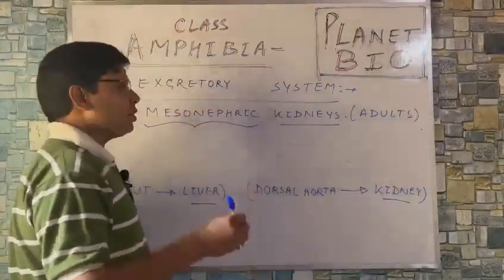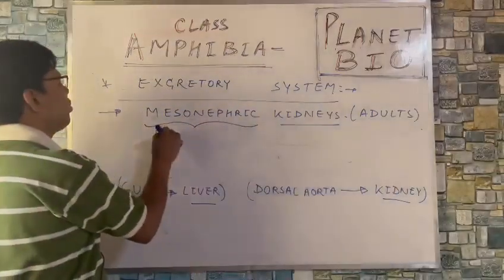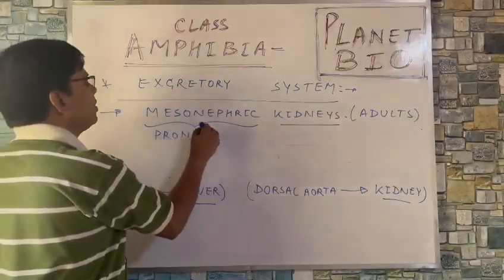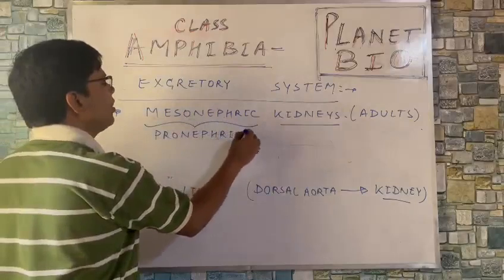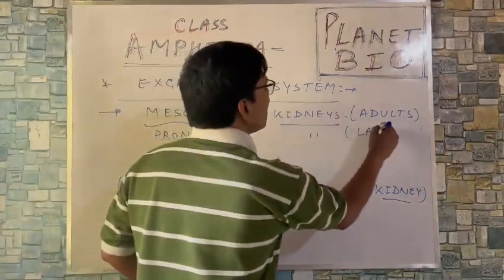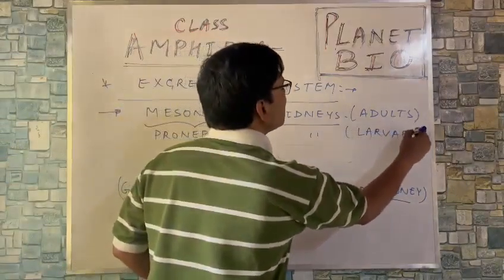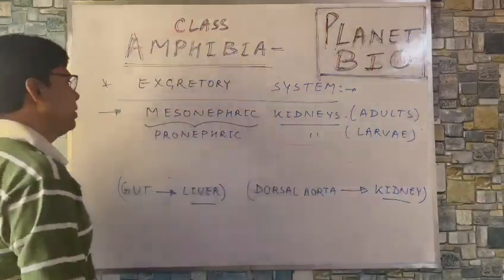And in larval forms, pronephric kidneys are found.